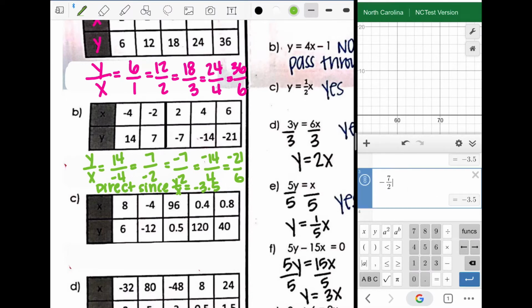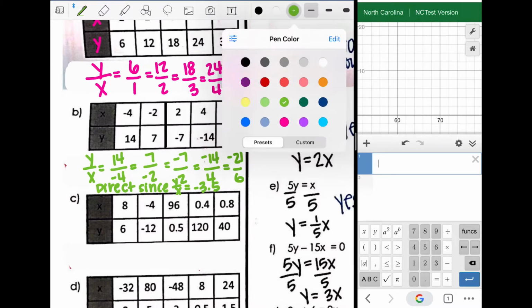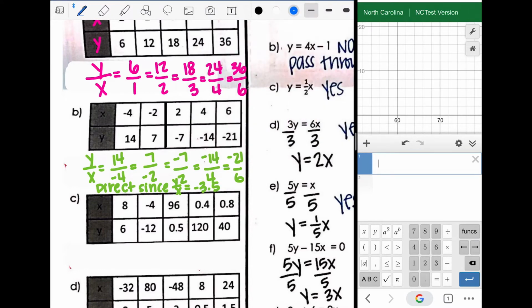Right, option C, we're going to do the same thing. Instead of writing everything out, I'm just going to make a note of what we're doing. We're looking at y over x. So we want to see, is 6 over 8 equal to negative 12 over negative 4? Automatically, these two are not equal to each other.